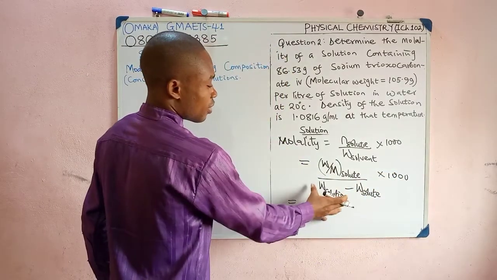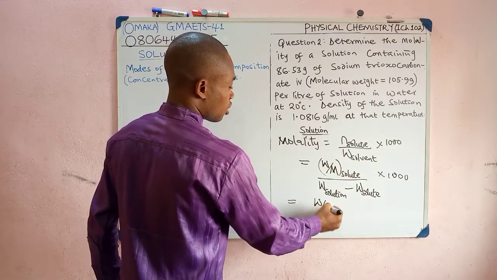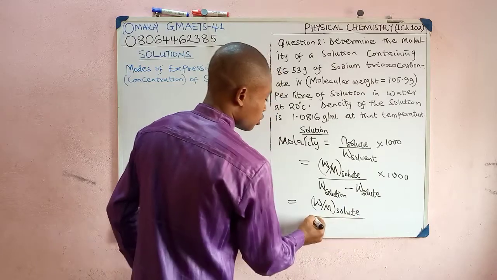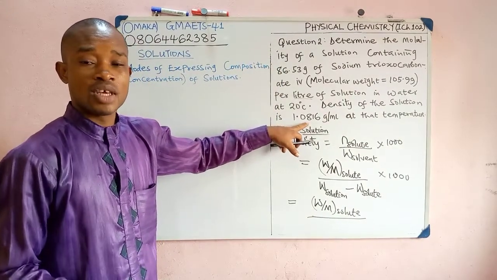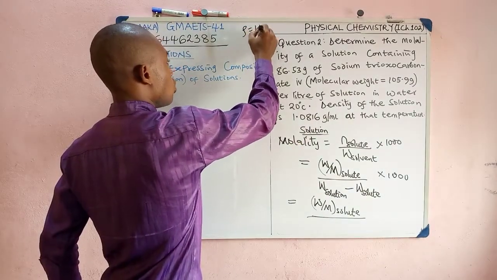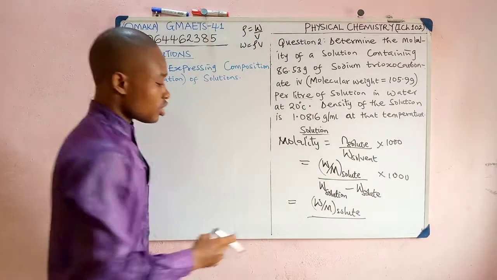Now let us still work around this formula. It's going to be weight over molecular weight of the solute, then divided by the weight of solution. How do we get it? We know the density of the solution already, so we use the formula that density is equal to weight over volume. So weight is equal to density times volume.